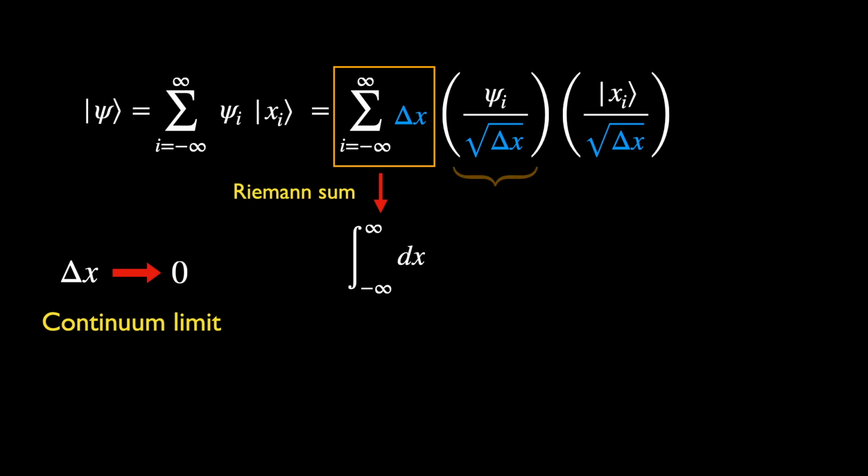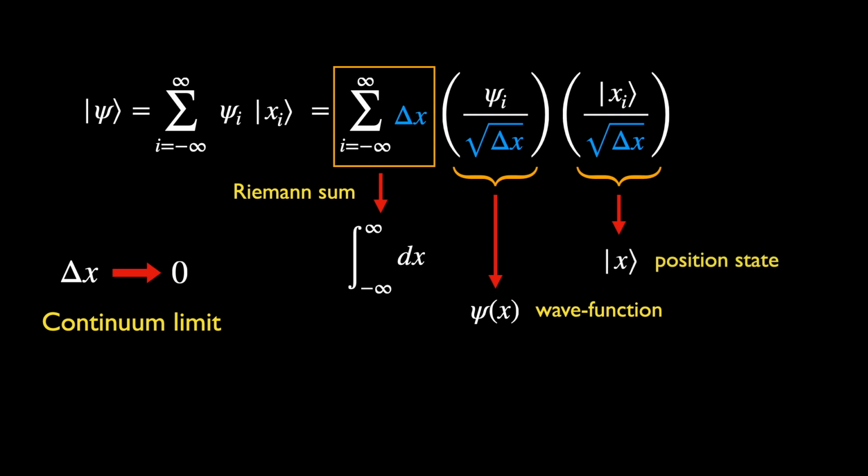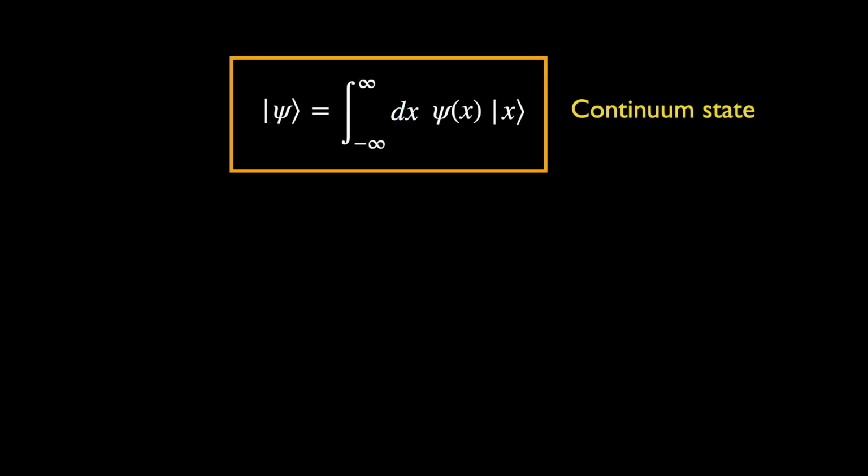The other two terms become the wave function and the position state in the continuum. The discrete position label i is also replaced by the continuous variable x. Therefore, the continuum state is obtained in the limit, as stated previously. This trick, in which we insert delta x and replace the sum with an integral to get continuous quantities from their discrete versions, is one that will be used very often, so please take note.